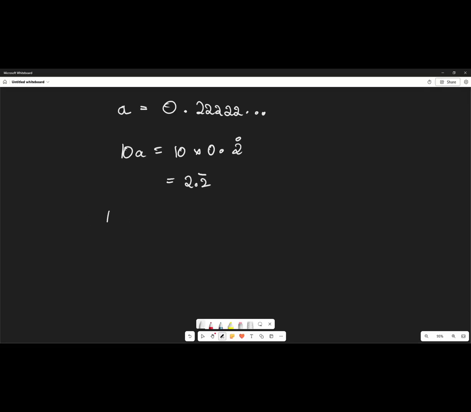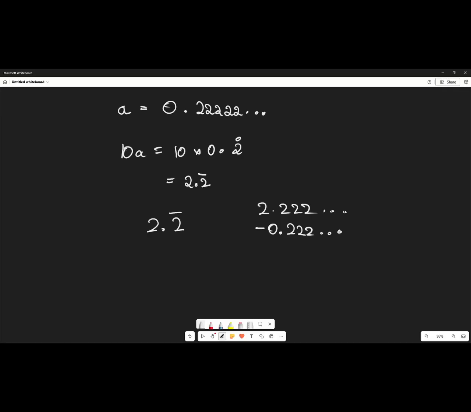Now if we consider 2.2 bar, which is 2.222222, after the decimal point the numbers are the same. It doesn't change. So 0.2 bar also, after the decimal point, the number does not change. It remains the same.